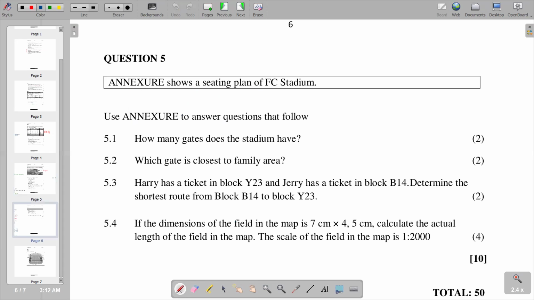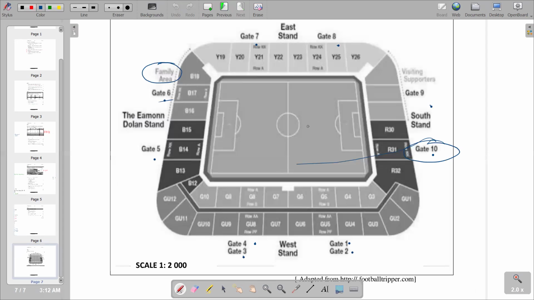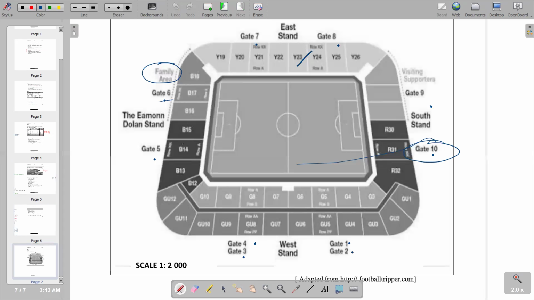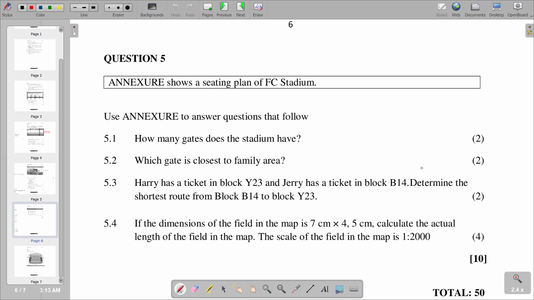Here is a ticket in block Y23. And block Y23 is here. This is block Y23. And then it says, and Jerry has a ticket in block B14. And then block B14, we have it here. You can just indicate it here. That's where we've got B14. And then it proceeds and says, determine the shortest route from block B14 to block Y23.